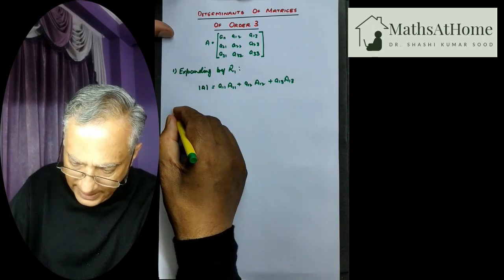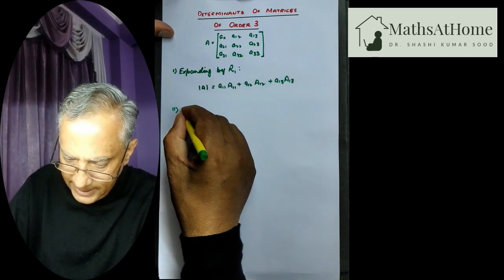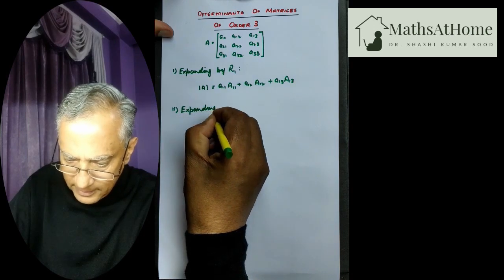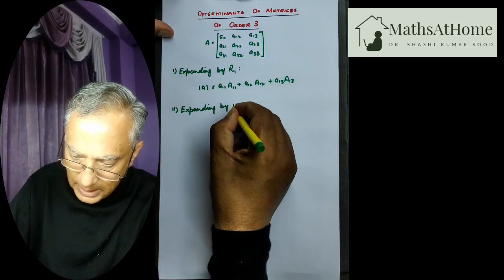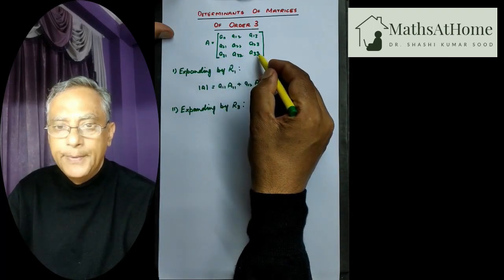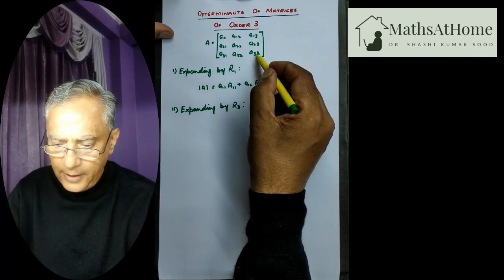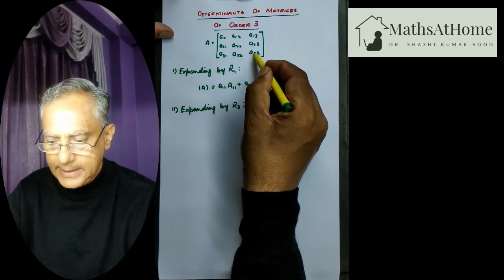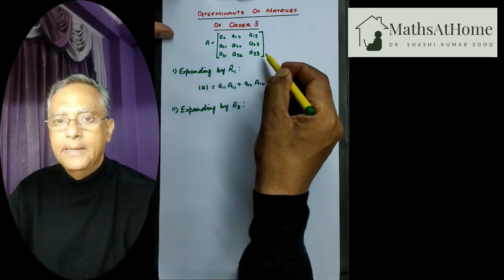Similarly, we can expand this by R3. This is row 3. Now these are the entries of row 3. We multiply this entry by its cofactor, this entry by its cofactor, this entry by its cofactor and add the result.